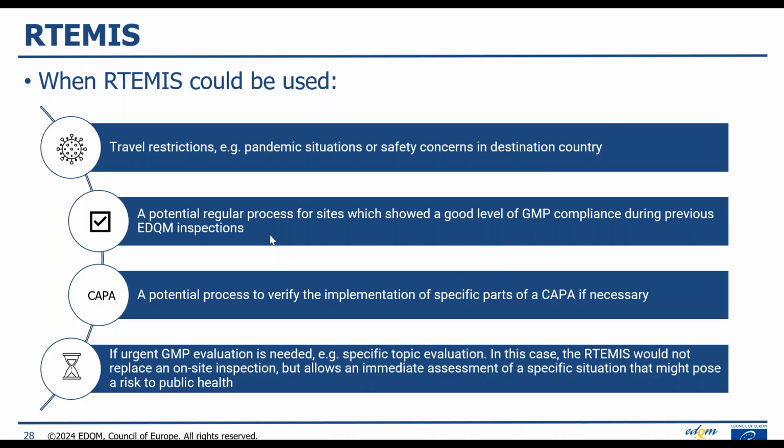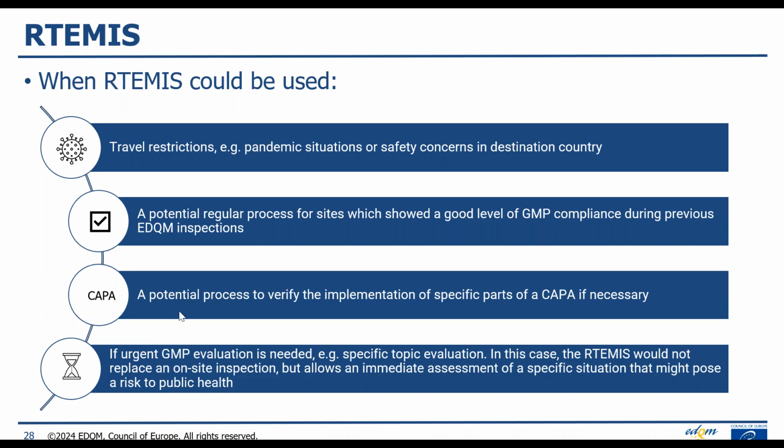But we do consider it a potential regular process for sites which have showed a good level of GMP compliance during previous inspections. So it's something that we wouldn't really consider if we don't have any inspection history for the site. But if there is a good site, we could consider it for a future inspection.